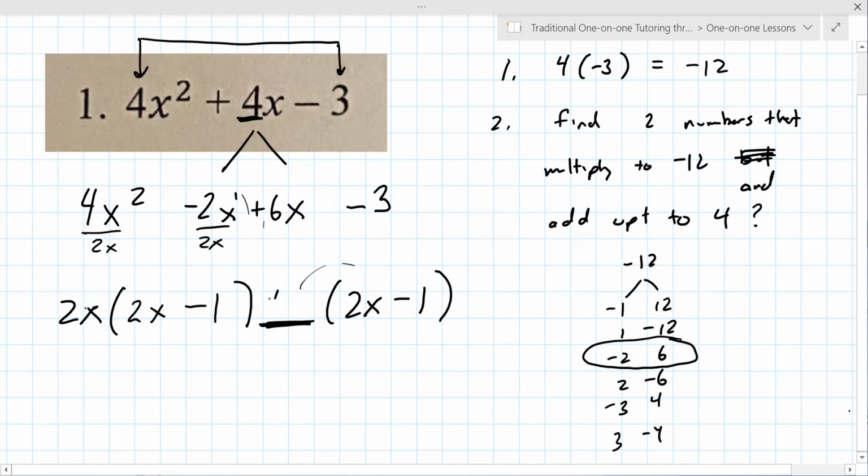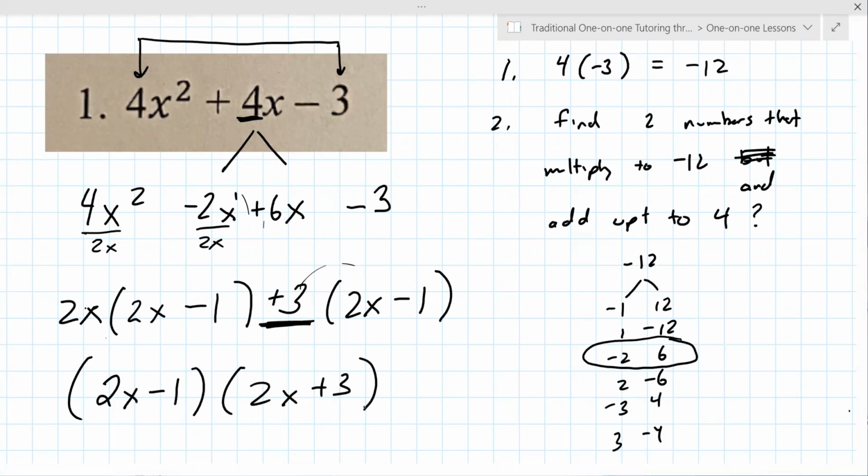It's 3 plus 3, right? Okay, so this is actually like a double factoring because now both this 2x minus 1 and 2x minus 1 are common to both. So you write that, and then you write the other 2x plus 3 here. And we're done.